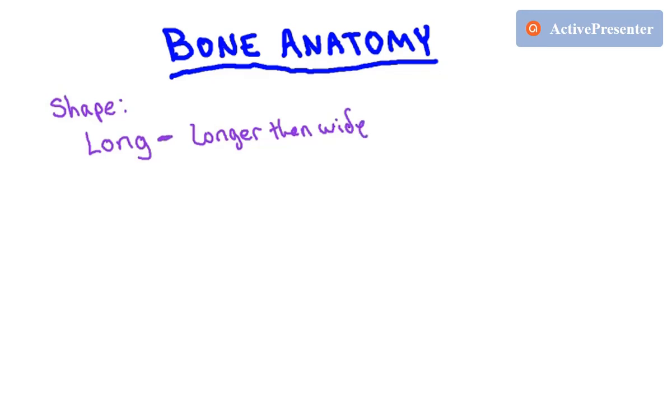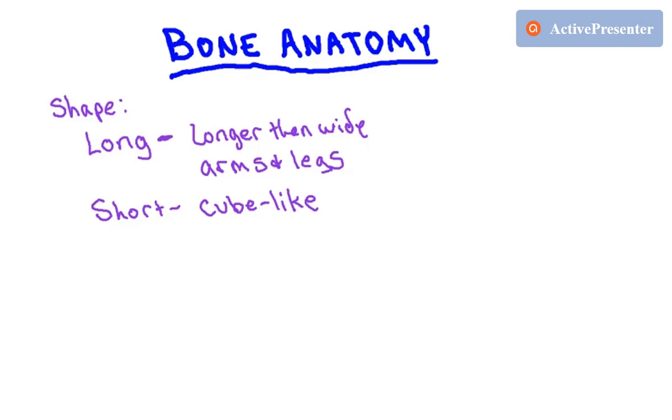It just means they're long. These are usually your arms and your legs. There are short bones, and these are more cube-like bones, and you can find them in your wrists and ankles.